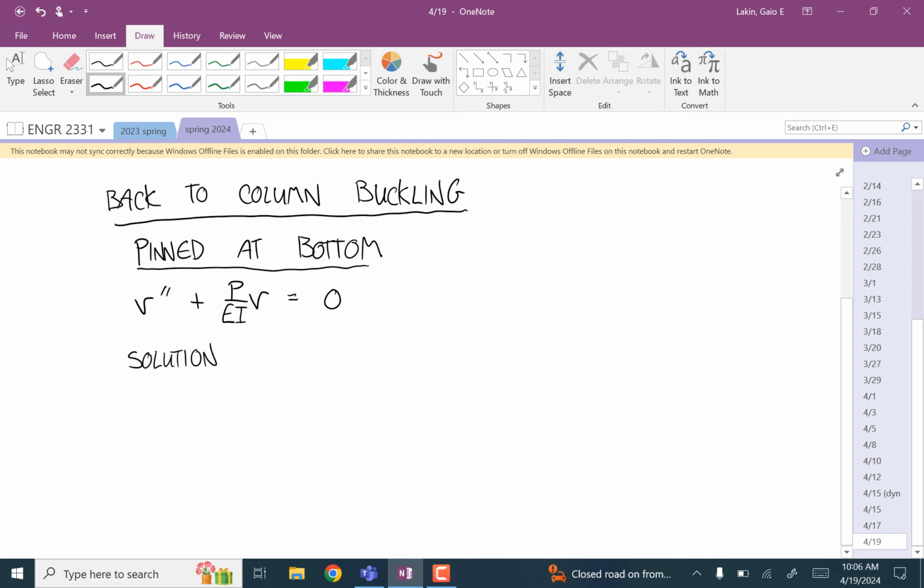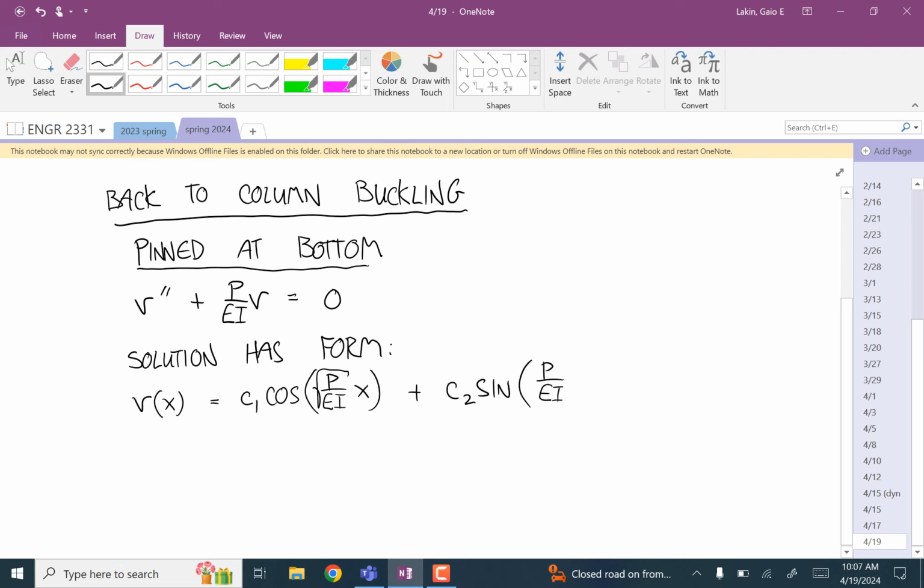And the solution has the form V is equal to C1 times the cosine of square root of P over EI times X plus C2 times sine square root of P over EI times X. Okay?